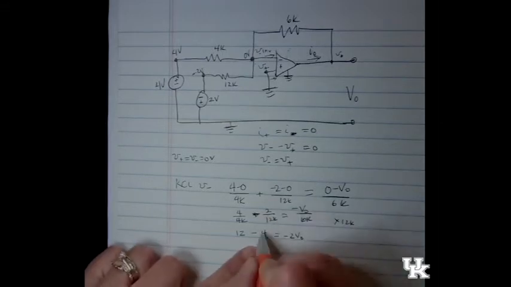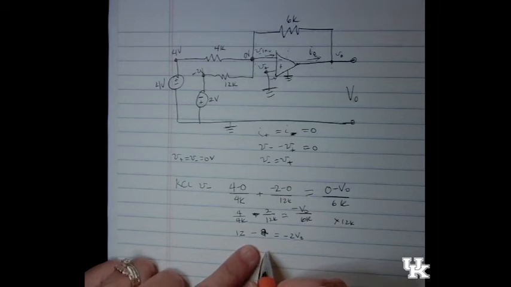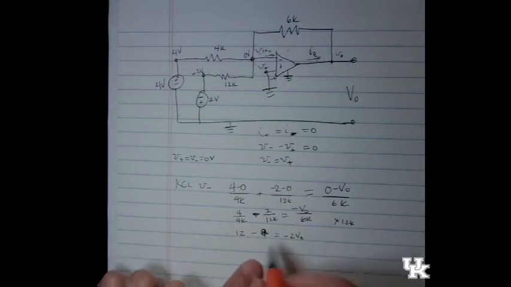Oh, duh. Thank you. Minus 2. Is that right? 12, 3, 4, 12, 2, 6. OK, thank you. So 10 equals minus 2 V naught. V naught equals minus 5 volts.